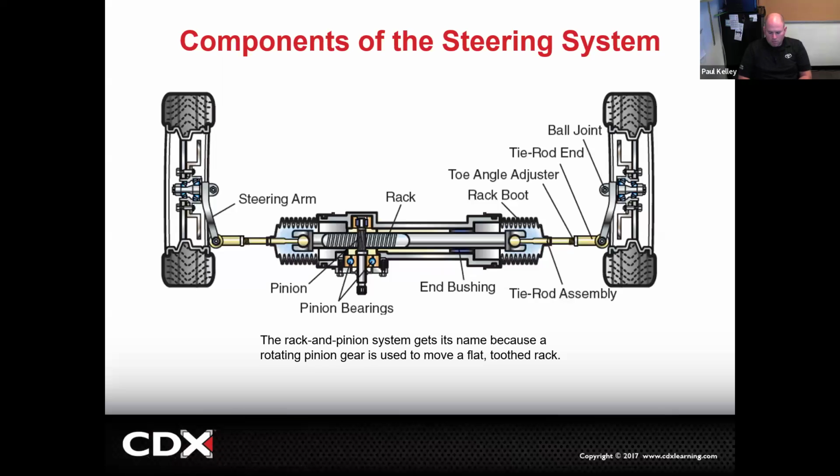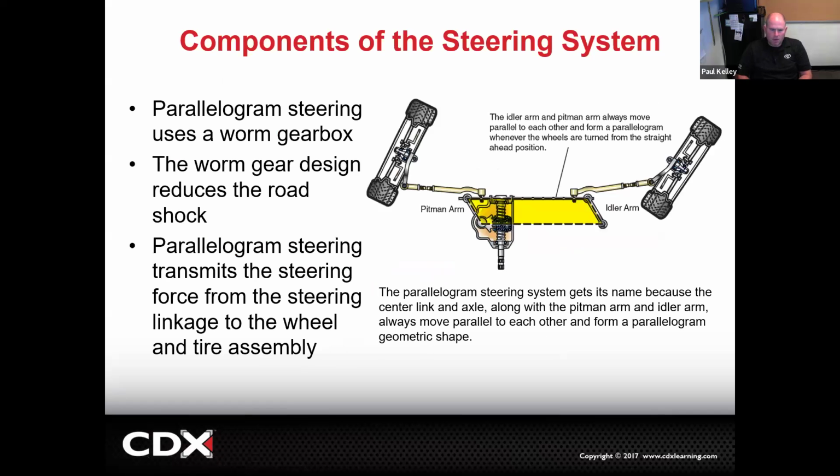So compare that rack and pinion to, again, a parallelogram. There's just a lot more moving parts in the parallelogram. By the way, the reason we call it a parallelogram is highlighted here in yellow. So if you look, we have the center link, or the track rod. We're just going to go with the center link now, okay?